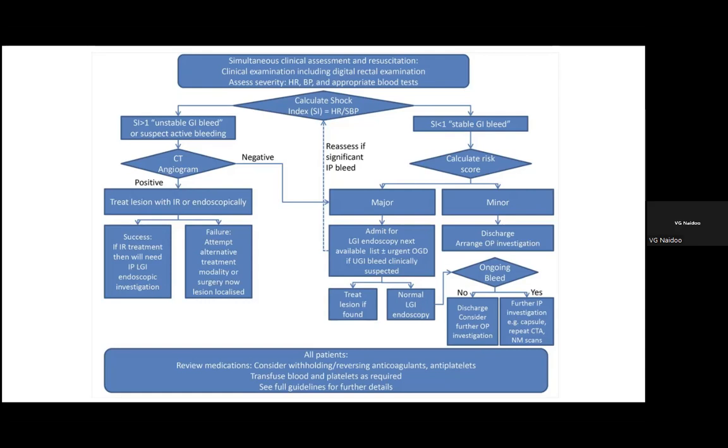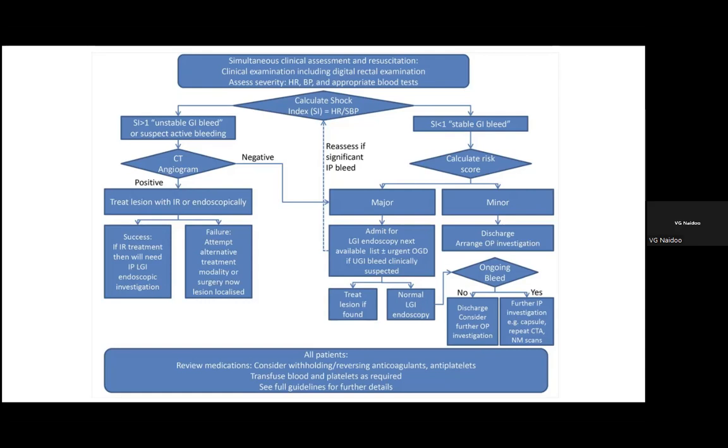At our unit, in the few years I've been there, we've asked for a provocative angiogram about 3 times, and I think we were only able to find the source of the bleeding in a single individual.